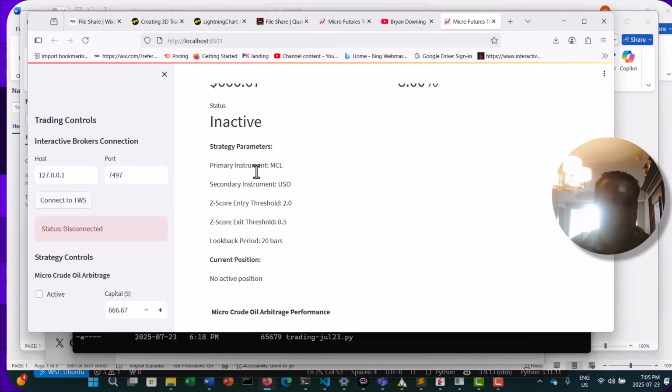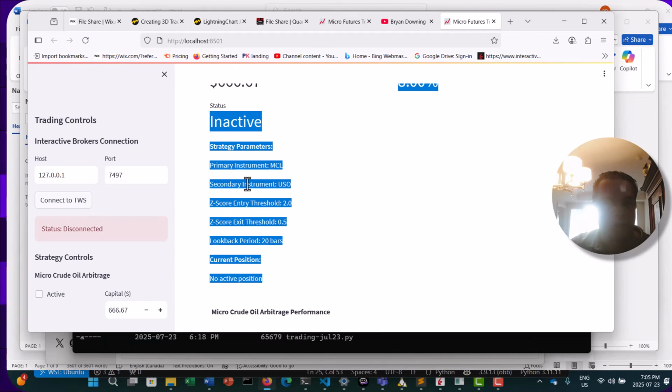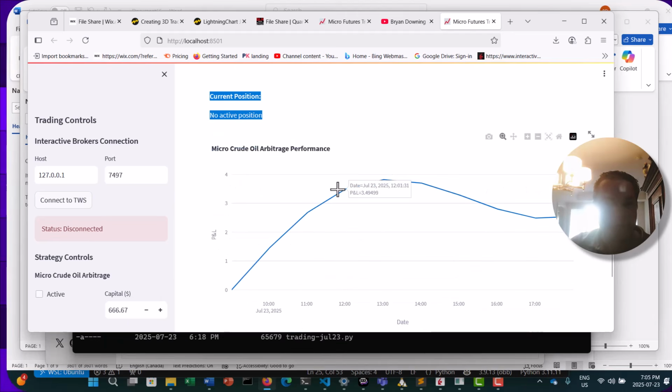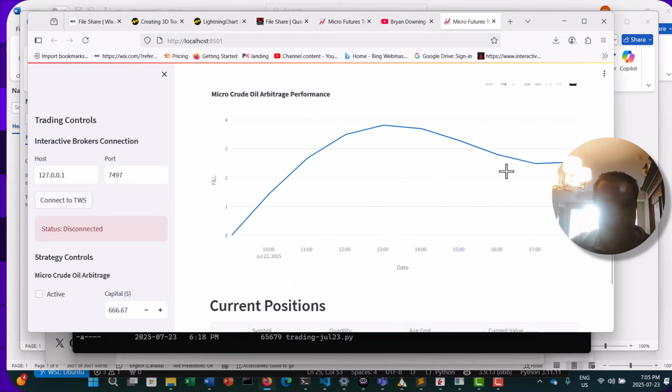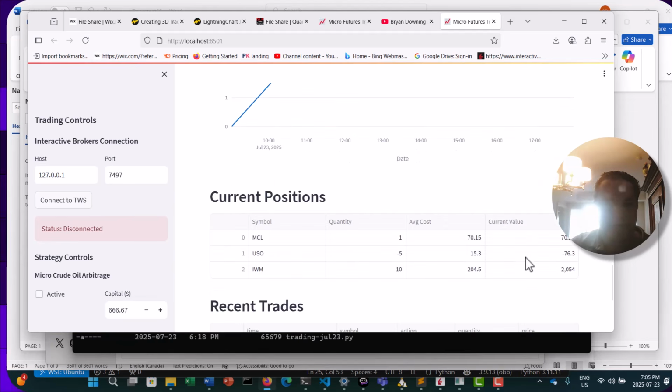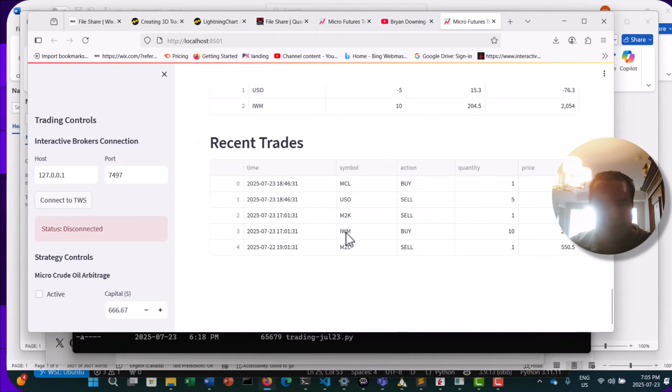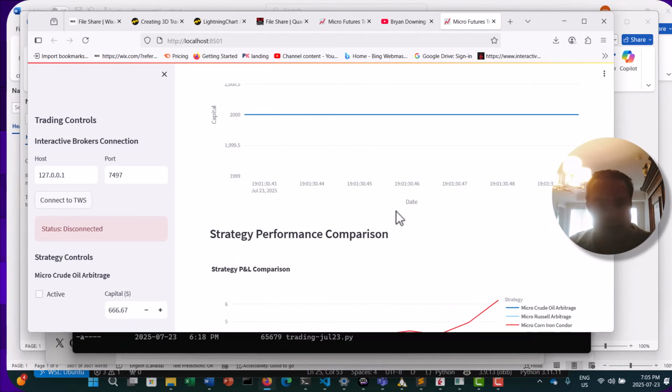So again, we get all our major metrics. Okay, Z score and all that. How it's doing currently and projected for the next 9 months. These are supposedly current positions and recent trades. I can zero those out.